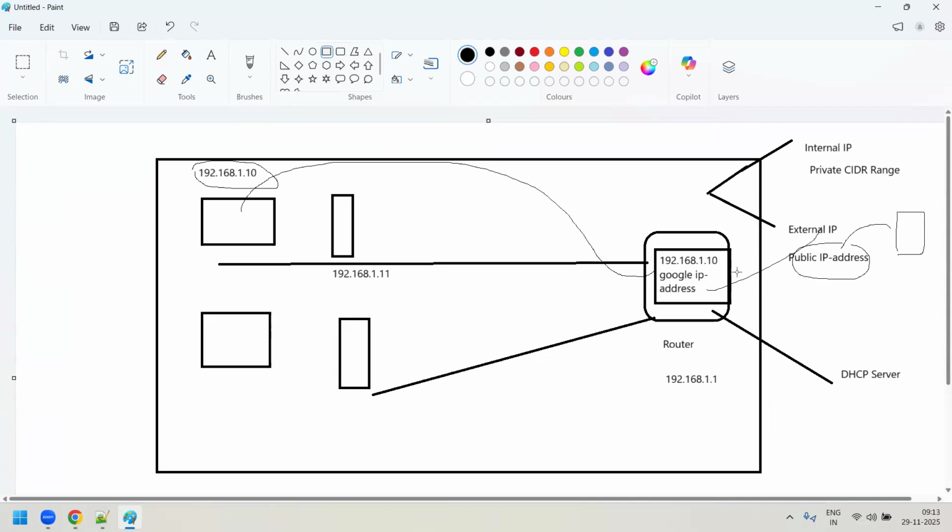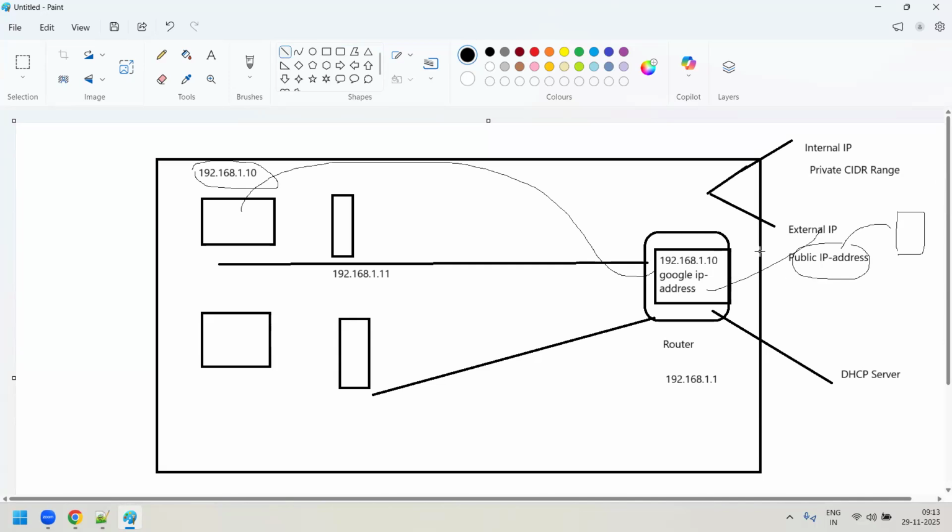When it goes outside, you cannot simply send that packet because you need some more information, the public IP. The public IP is assigned by the router. So the router will say, now I will send you to the outside world with the help of a public IP. This public IP address will be attached to this packet, and that packet will be sent to the outside world.